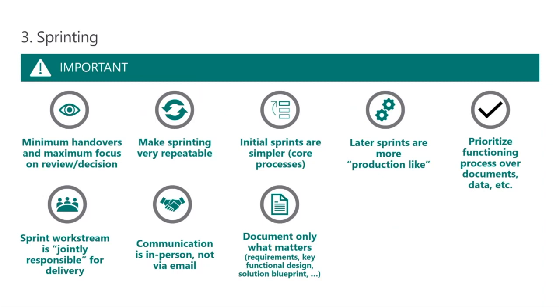The idea behind the sprinting is that you are literally sprinting. You're not stop-starting, you're not crawling and then restarting. So the idea is that the solution architects and the PMO are helping you by looking ahead at the next sprint and saying, I can foresee there are 3 business decisions I need to get from the business in order to make sure I know which design direction I need to take.